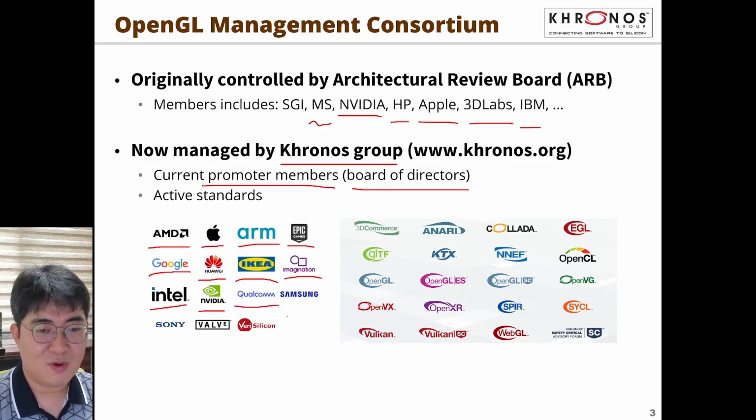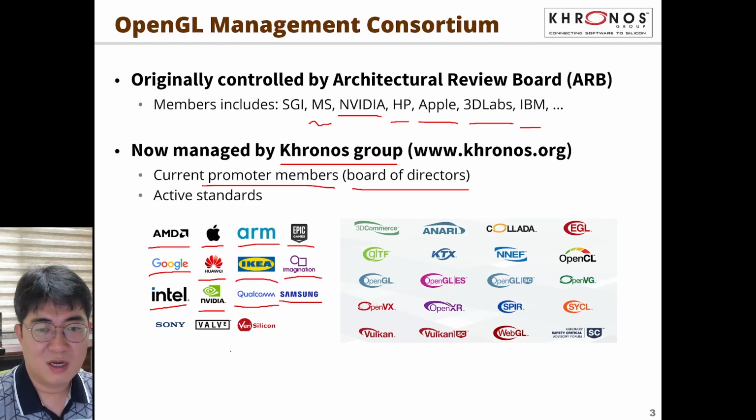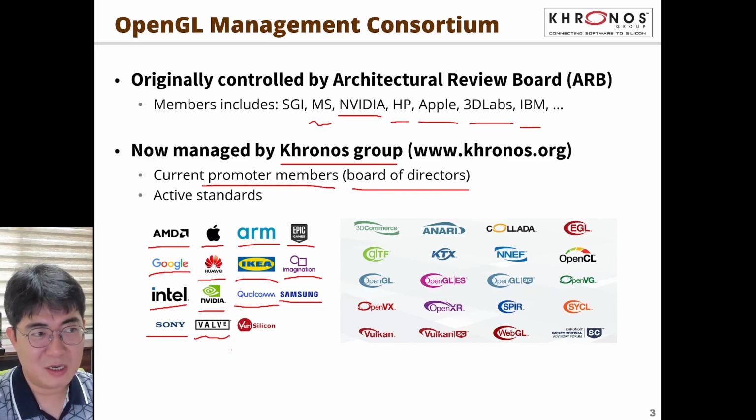And Qualcomm also makes APs for mobile processors, and they are also a promoter member. And Samsung definitely has a quite big impact on the smartphone industry, so they are also a promoter member. And Sony, everybody knows, and Valve, which is the company for Steam, the game distribution platform.